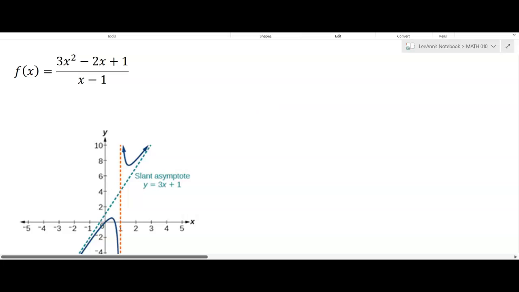So case 2. This is the one that's kind of two cases. The degree of the numerator is greater than the degree of the denominator. Then there's no horizontal asymptote.